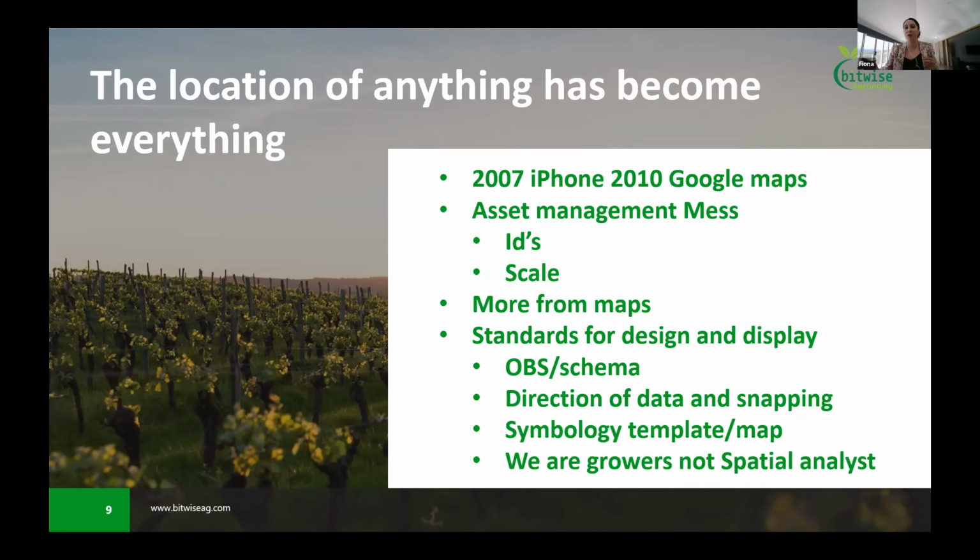So in vineyards, we really need to look at some of these other industries that have done this before. And one of my pet hates is this asset management mess. If we look at utilities, water, oil, mining, and you go into their asset databases, quite often the data doesn't match up. They have different IDs for the same asset, depending on what system you're looking at.